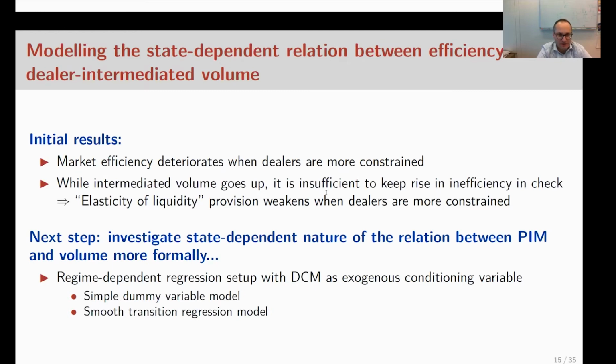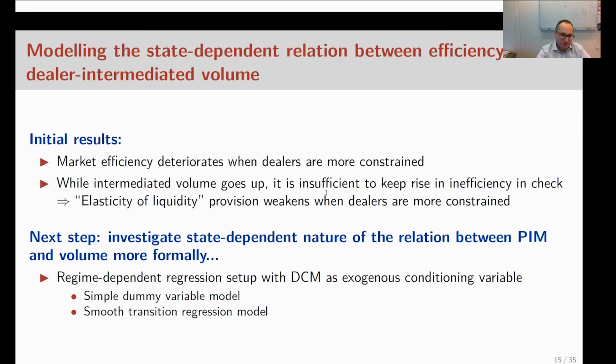Regarding the latter, one interpretation is that while the intermediated volume by dealers goes up in these constrained states, this rise in volume is simply not enough to keep the rise in inefficiency in check that happens in parallel. So in essence, the elasticity of liquidity provision weakens when dealers become more constrained. And this is what we want to now investigate further.